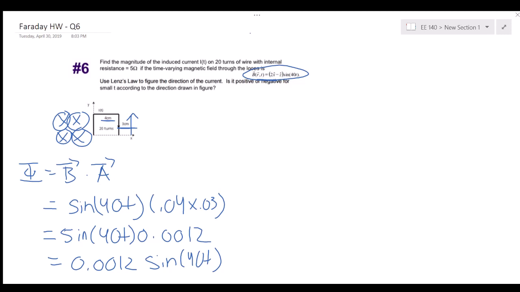Now we are going to find the V Emf. So Faraday's law states that the EMF is given by the rate of change of magnetic flux. So we write negative, which denotes Lenz's law, and then N is the number of turns of the wire, and then the time derivative of the magnetic flux.